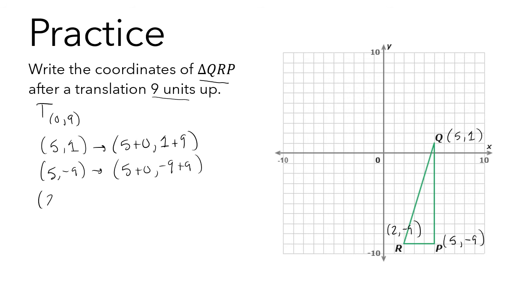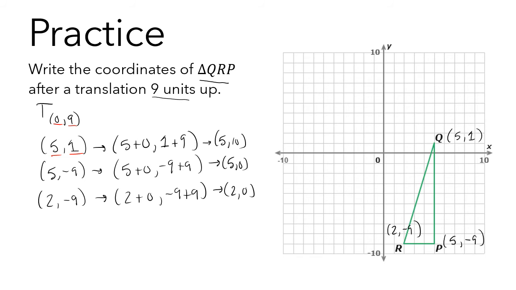And then lastly, (2, -9) goes to (2 + 0, -9 + 9). So notice I'm just adding this to the x and this to the y for each of them. Let's figure out what this equals. So this would be (5, 10), (5, 0), and (2, 0).